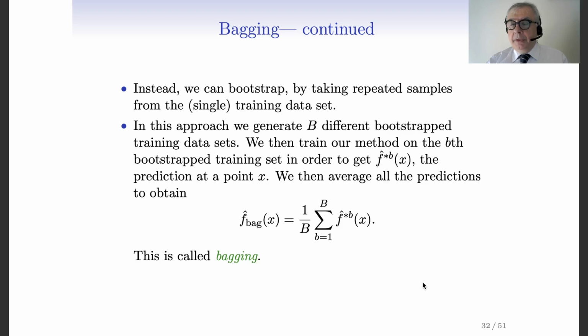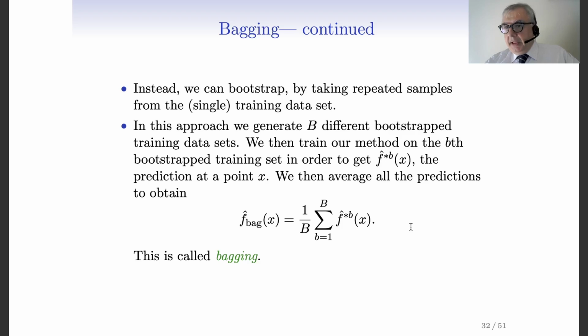You know that bootstrap has to do with sampling with replacement from the given dataset. In this way, I will generate capital B bootstrapped datasets, and then I will train my tree on each of these bootstrapped datasets and get predictions that we call f hat star b for a point x from each of my predictors. So it is like I had multiple training sets at this point. And then I take the average of these predictions.